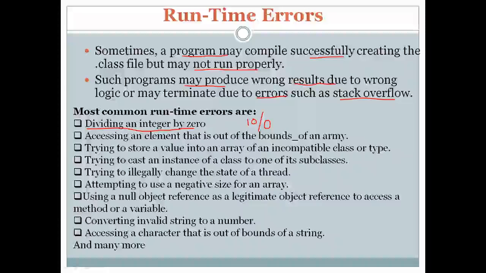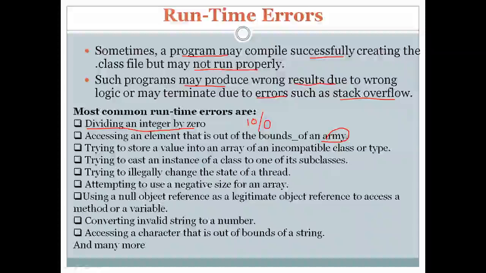Accessing an element that is out of the bounds of an array. You are trying to access an element from an array and you are giving an index value which is out of bound, meaning that index does not exist. That may again lead to runtime errors.